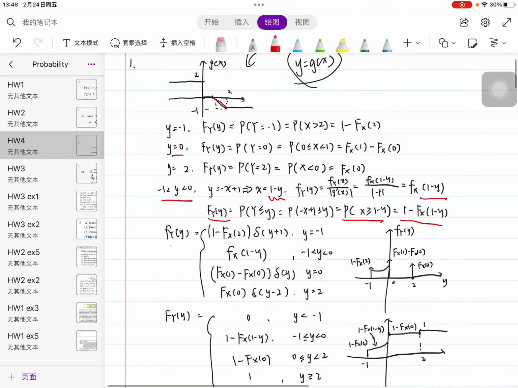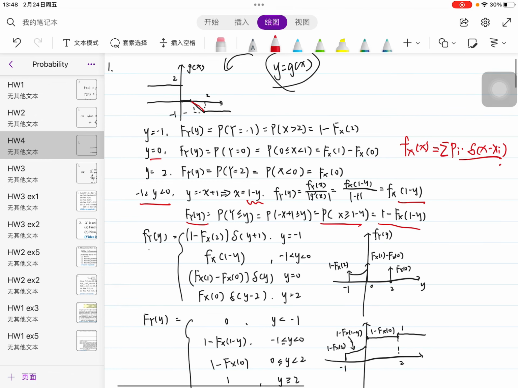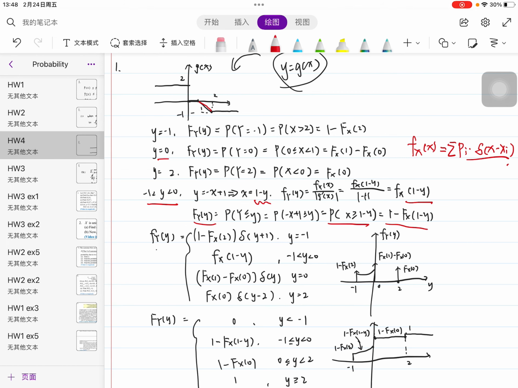And we have a definition here that the density function of X equals the sum of the probability times the delta function of x minus x_i. Here is our definition, and we already have the probabilities, that is the distribution function values.